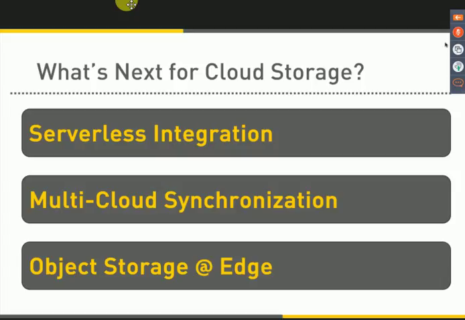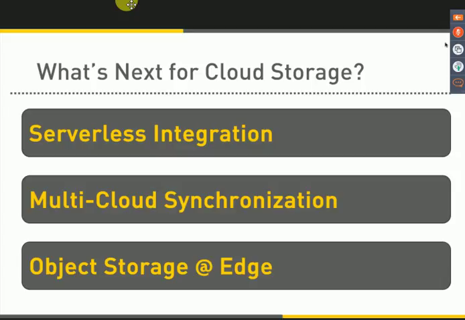It reduces the ops overhead, and you can essentially deal with code instead of spinning up VMs or containers. For example, IBM Cloud Functions, based on the open source Apache OpenWhisk, is an example of such a serverless compute layer. And object storage is going to be integrated with serverless. Just like VMs and containers take advantage of object storage, serverless will be benefiting quite a bit from object storage.